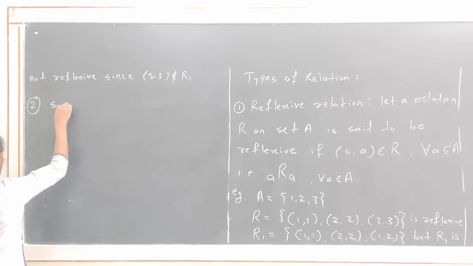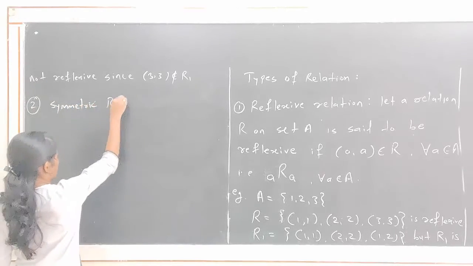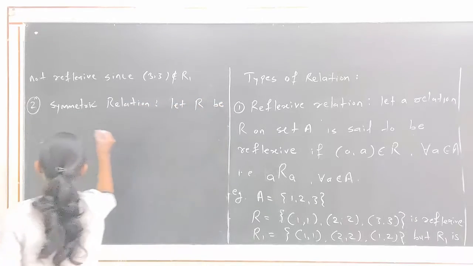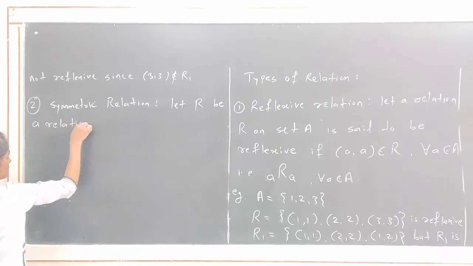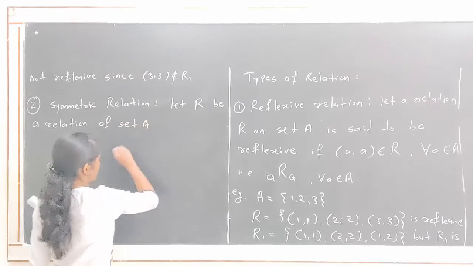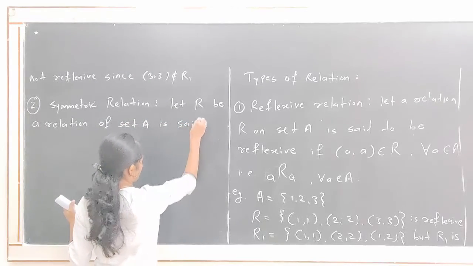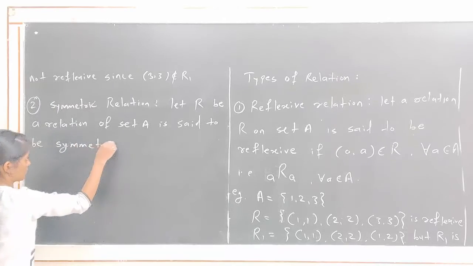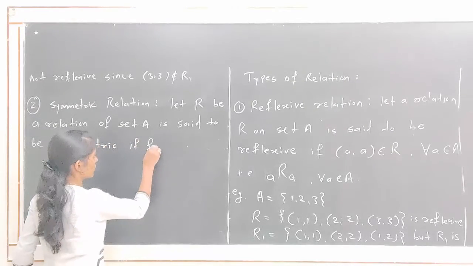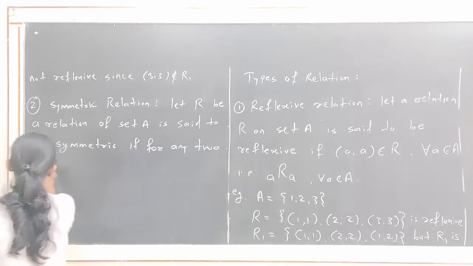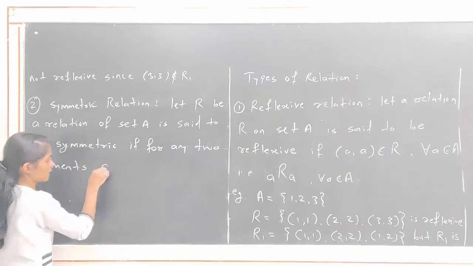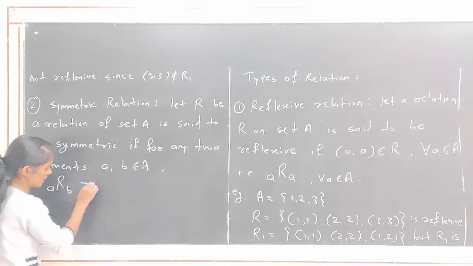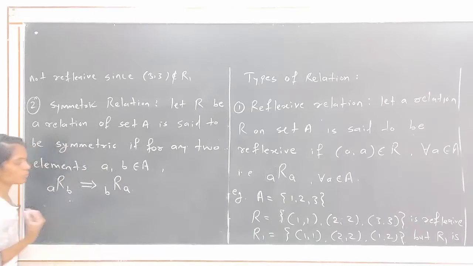Second type, symmetric. Definition: let R be a relation on set A. It is said to be symmetric if for any two elements A, B belonging to set A, A related to B implies B related to A, right?